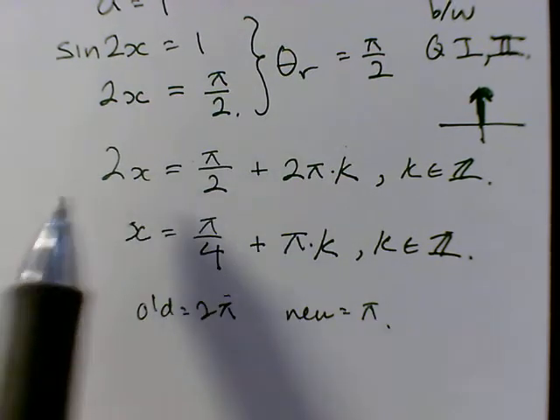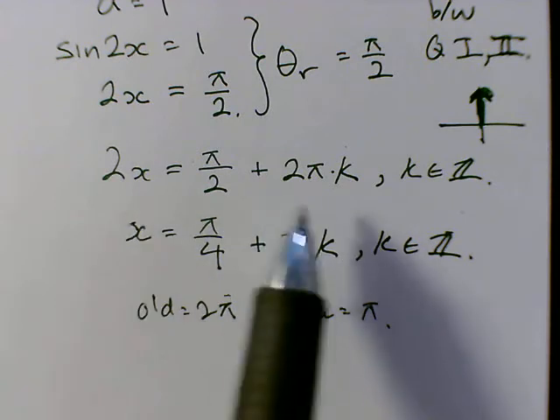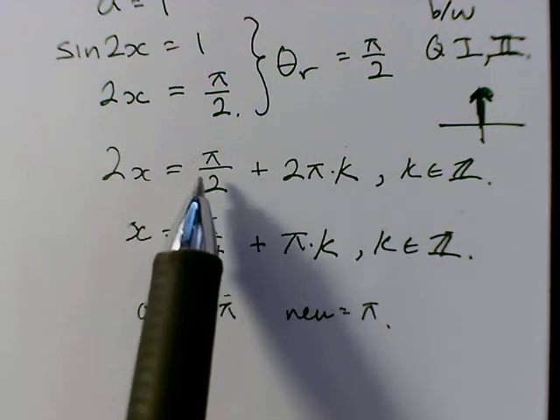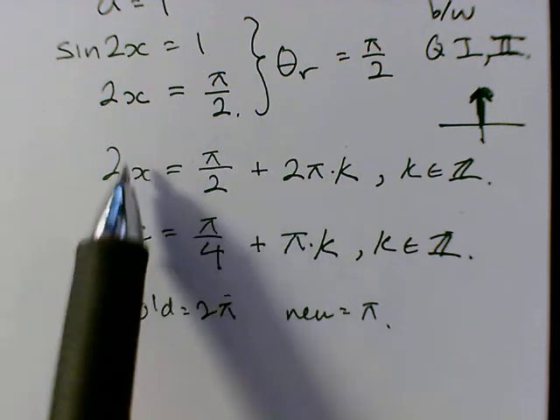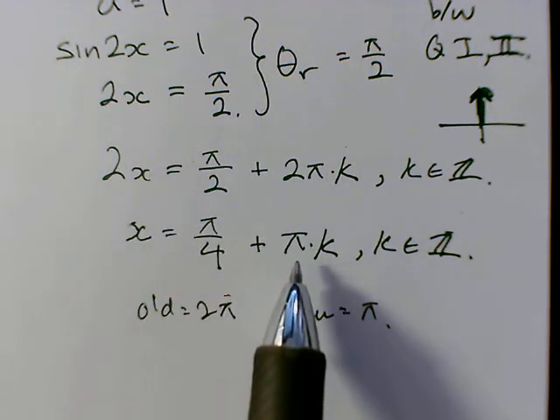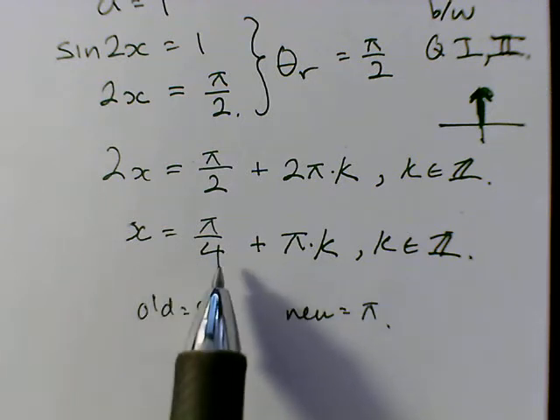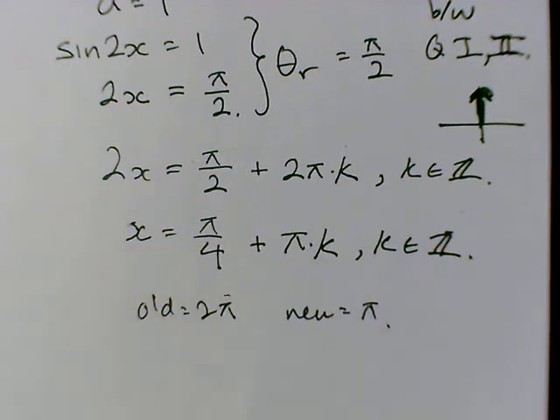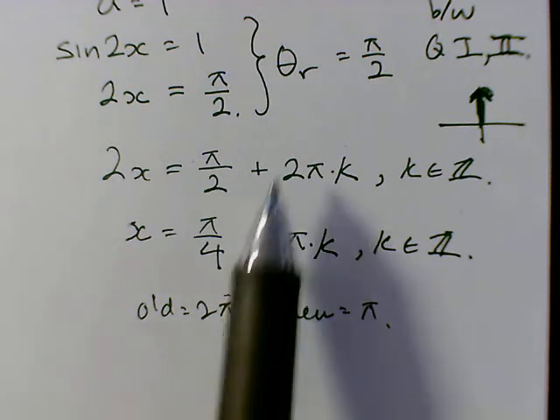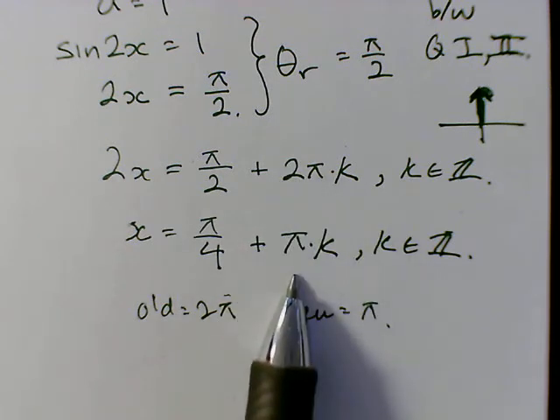So if you hold off on the dividing, the old period, it's pi over 2 plus everything coterminal with pi over 2. But if you divide everything together, that 2 pi automatically turns into pi. So it's still coterminal, and you don't have to think about it. Everything is sort of reset for you so that you get pi over 4 and everything, not every 2 pi, but you get all the ones in between as well.